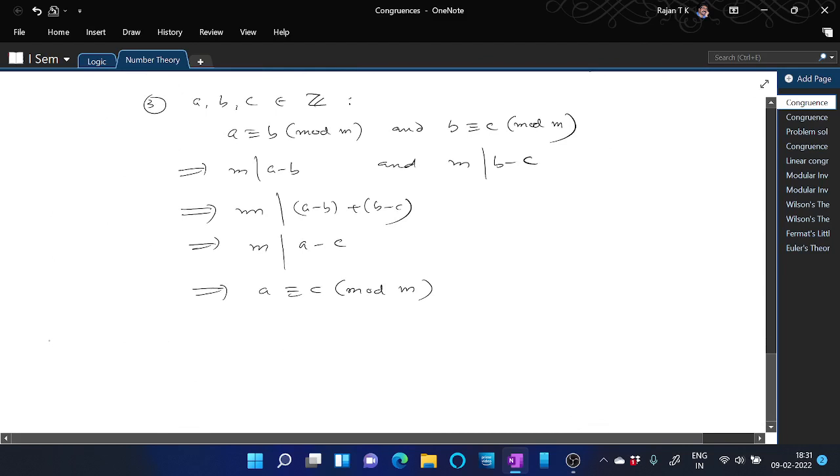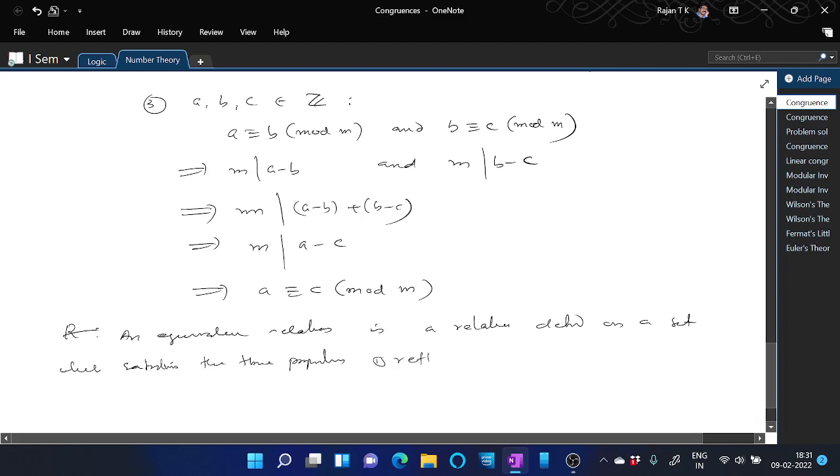We know earlier in set theory that if you define a relation R from A to A, or A to B, satisfying the three properties, reflexivity, symmetric property, and transitivity, then R is an equivalence relation. An equivalence relation is a relation defined on a set which satisfies the three properties: reflexivity, symmetric property, and transitivity.